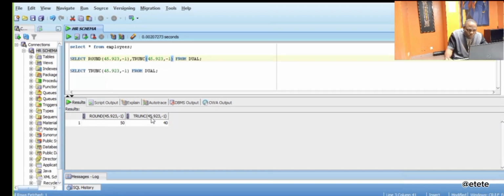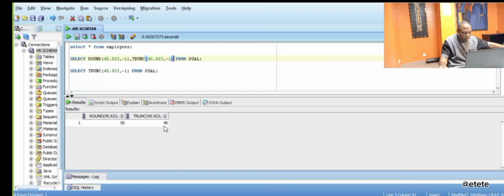So it's just going to chop off this 5 to 0. It's not going to round it. It is round that will convert something from 4 into 5. But trunk is going to chop it off. So it's going to chop this 45 to the multiple of 10. And the next multiple of 10 to this 45 is 40. So he trunked it and chopped it off to 40. That is what he did. So that is number function.